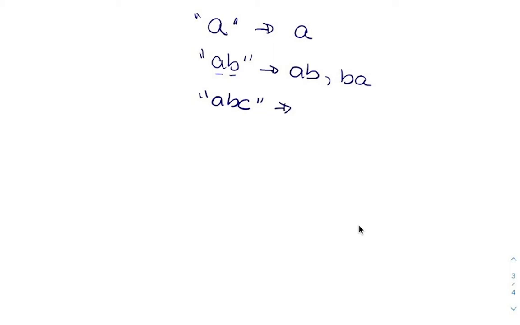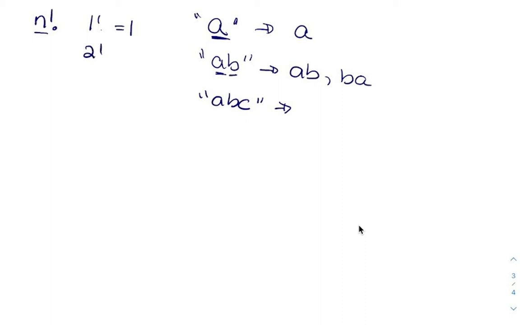And this is mathematically represented by a factorial, n factorial, where n is the number of elements in your set. So in this first example, we had one character, so 1 factorial is equal to 1. In the second example, we have 2 letters, so 2 elements in our set.